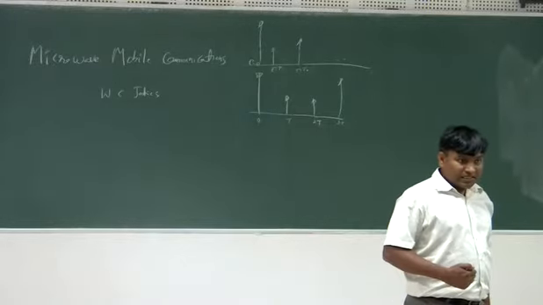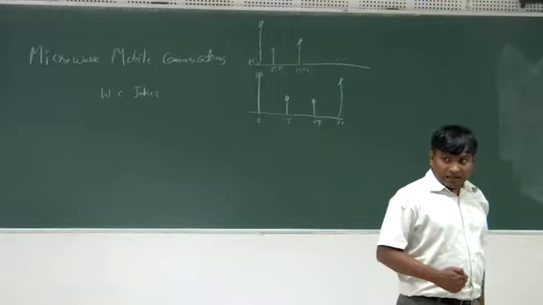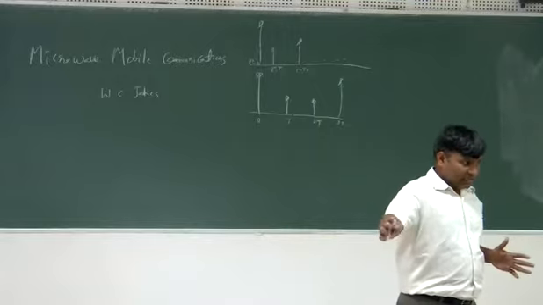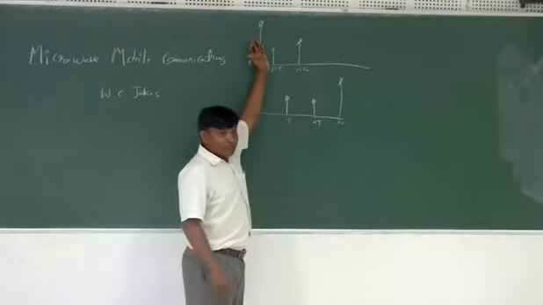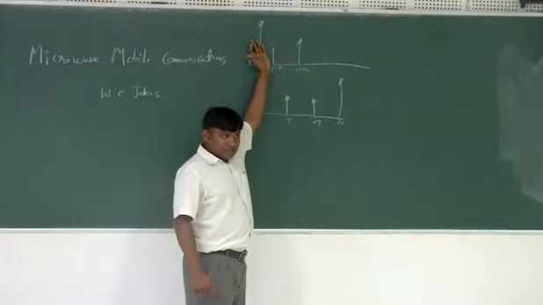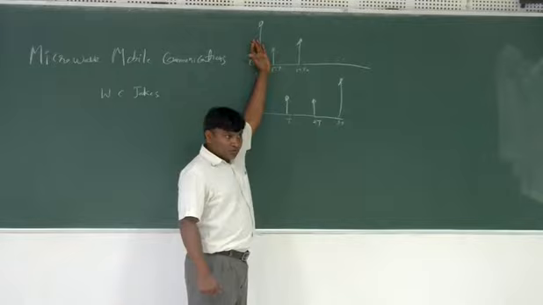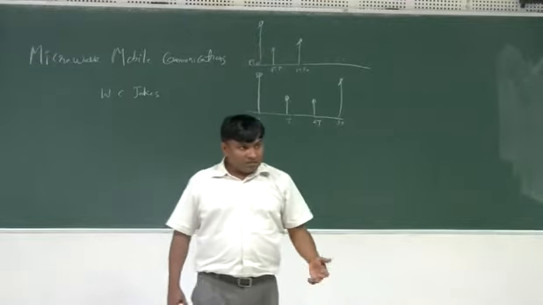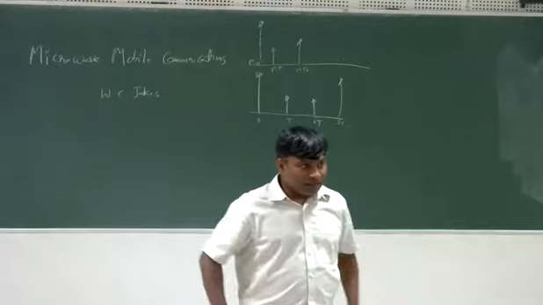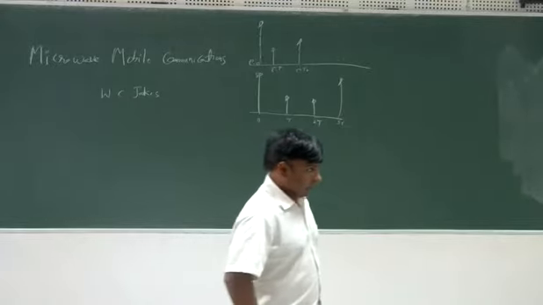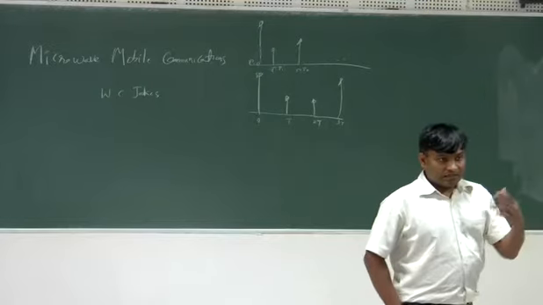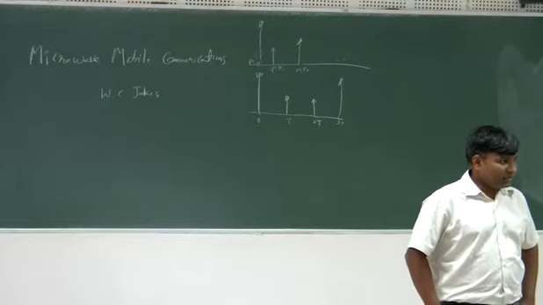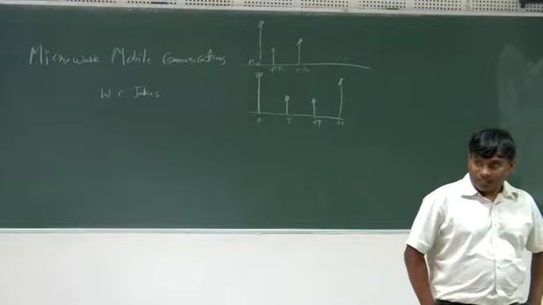But then we are also interested in modeling the time variations in the channel. The taps could possibly vary in time. Taps could possibly change with time. That is because of the movements in and around the receiver, or the receiver itself might be moving. Okay.